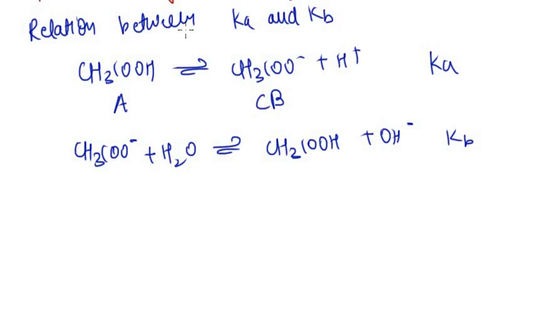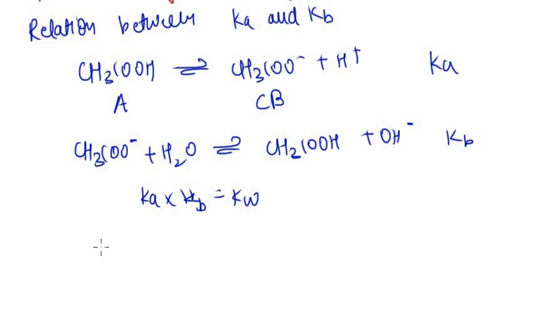We can't take Ka and Kb randomly. If we are using the K of a particular acid, then the Kb must be for its conjugate base. In the relation, Ka times Kb equals Kw. If the acid has Ka, then the hydrolysis constant of its conjugate base should be Kb.